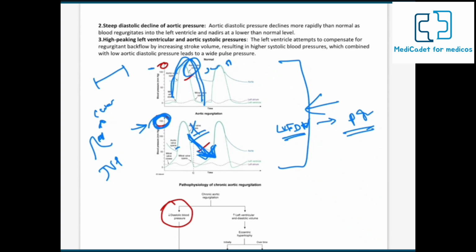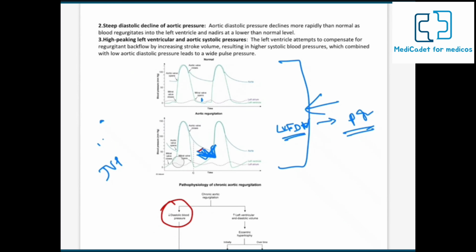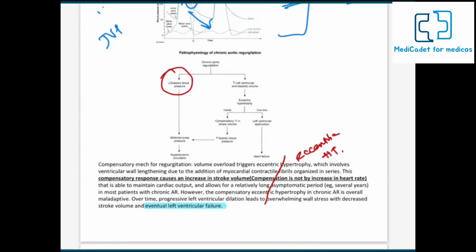That is the reason for the widened pulse pressure, right? So what are the three changes that we saw here? One is the disappearance of the aortic notch. Second, there is a steep curve seen here because of the blood from the aorta falling into the left ventricle. And as you can see, the left ventricle pressure is increased. These are the three changes you will see.